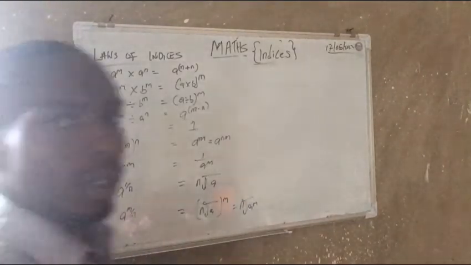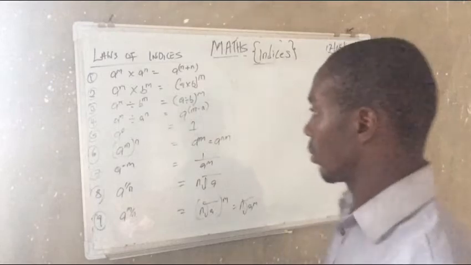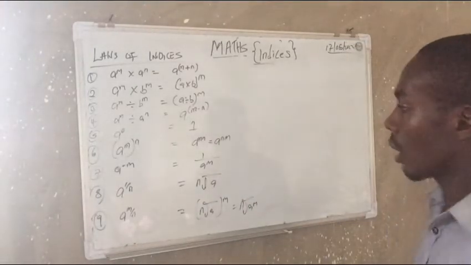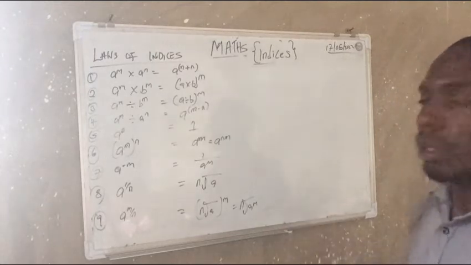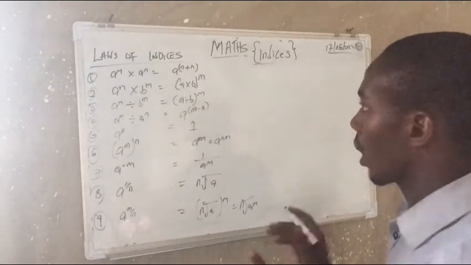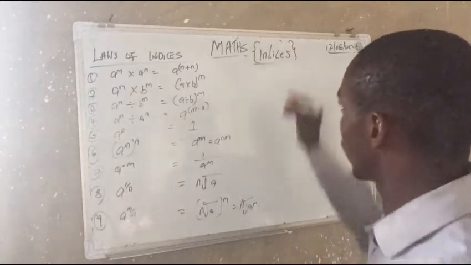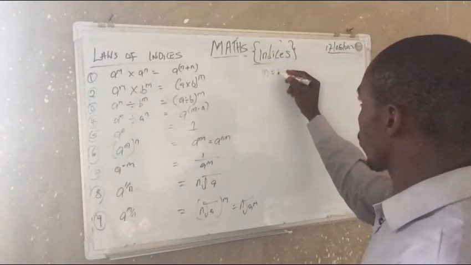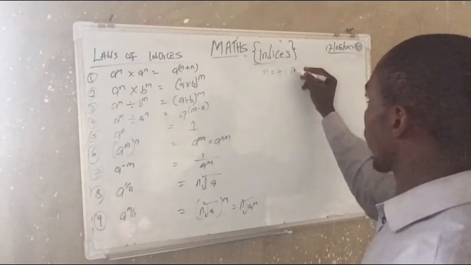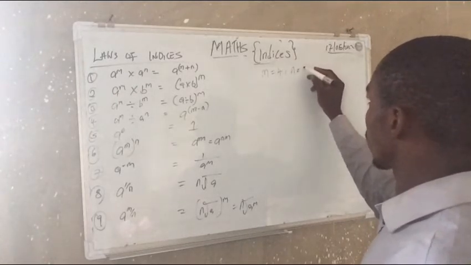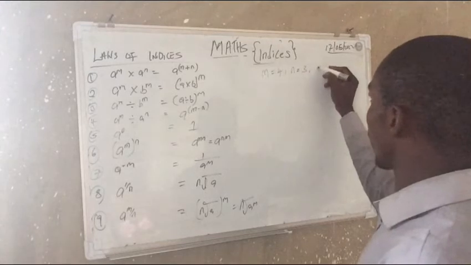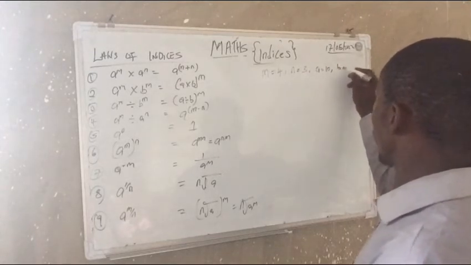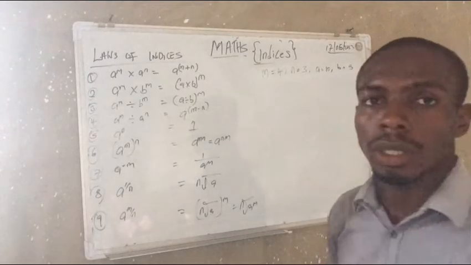Now having listed some laws of indices, I'll go over to proving them. But before I do anything, I would like to restrict my m to be equal to 4, my n to be equal to 3, my a to be equal to 10, and my b to be equal to 5.